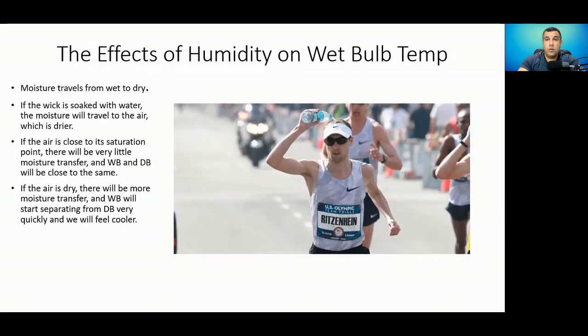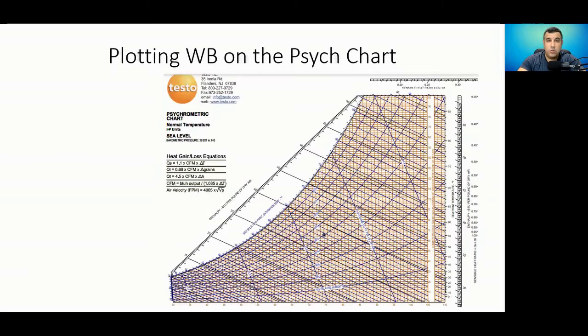And we're going to start feeling cooler because our wet bulb temperature is cooler. And our bodies really react more to wet bulb temperature than they do dry bulb temperatures, we'll see. The lower the wet bulb temperature is, the less heat is in the air. And so we feel cooler.